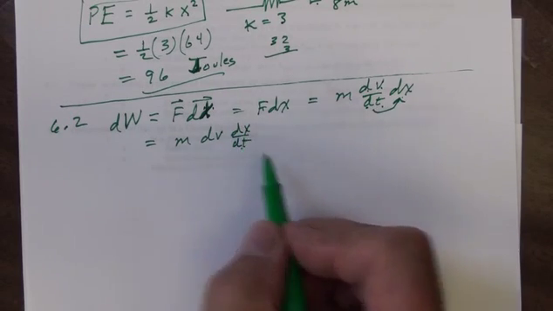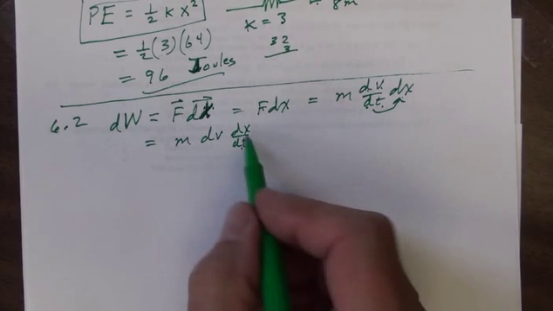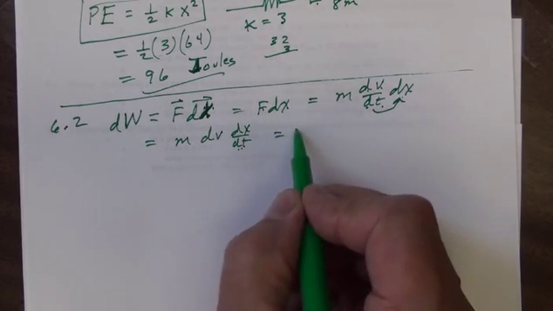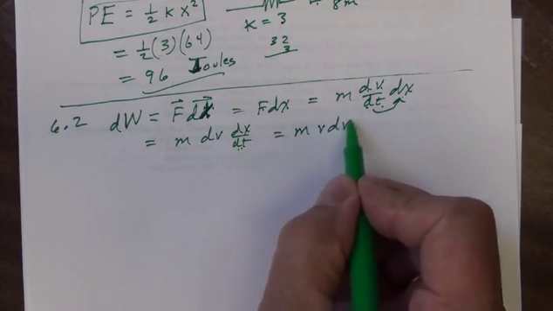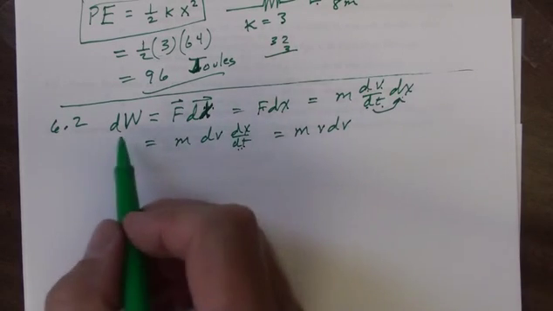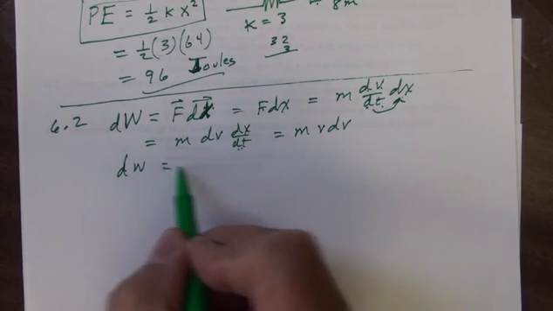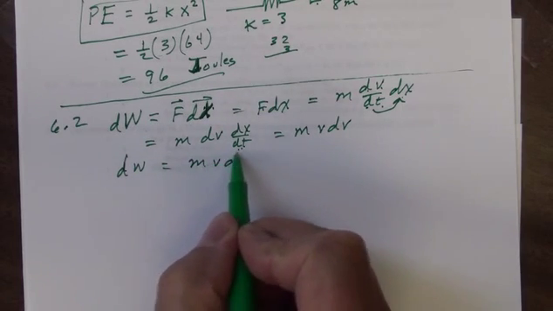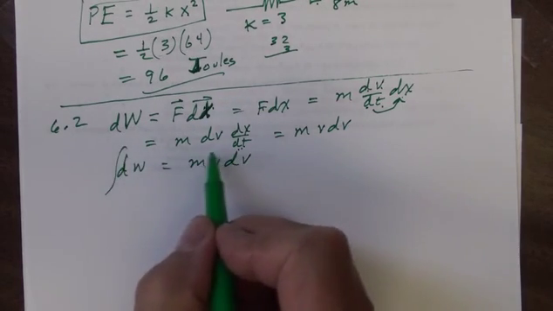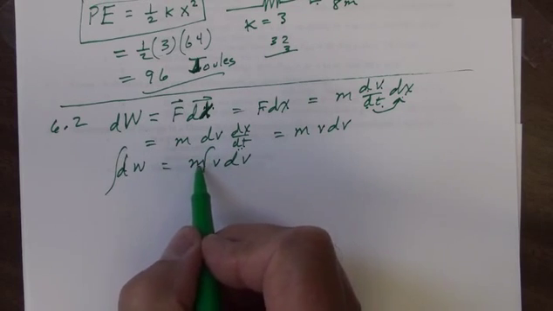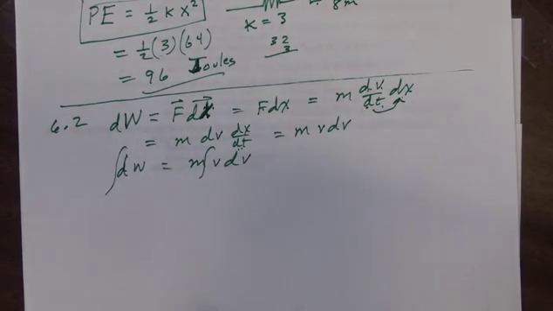But dx/dt is velocity itself. So this is equal to m v dv. This is kind of neat now, because I've ended up with a formula dW equals m v dv, and I can integrate both sides. When I integrate here, the mass is constant, so it moves to the outside.